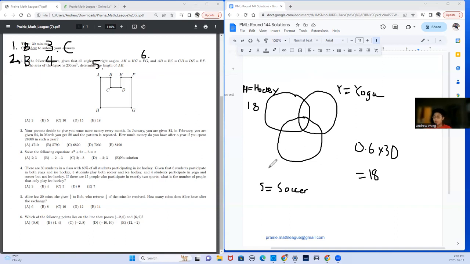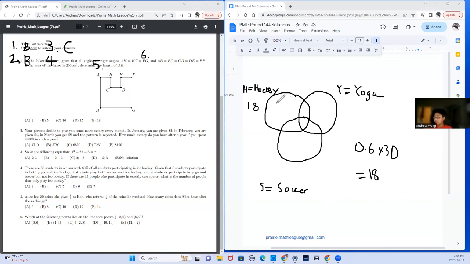Given that 8 students participate in both yoga and ice hockey, let's first label the different parts of this Venn diagram.